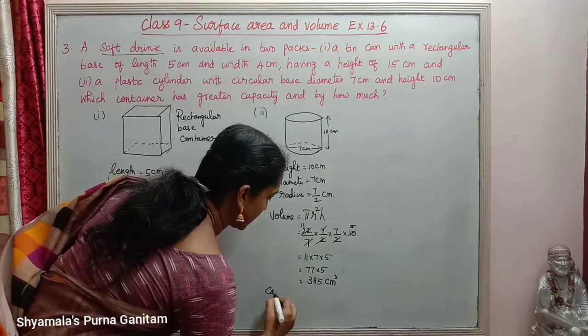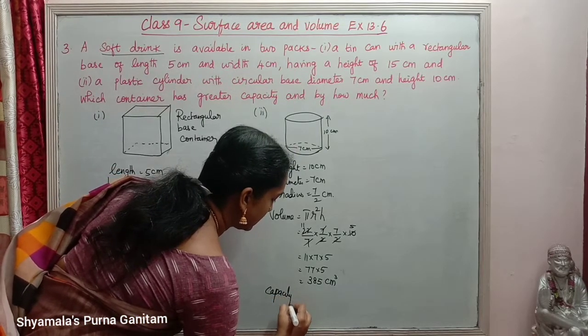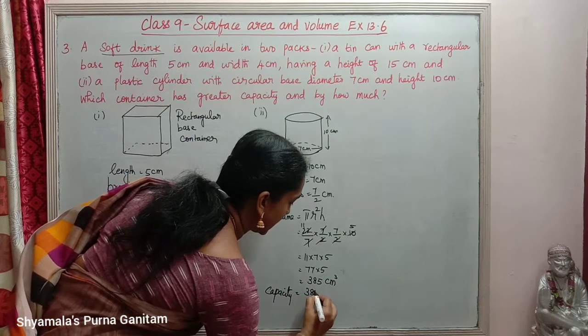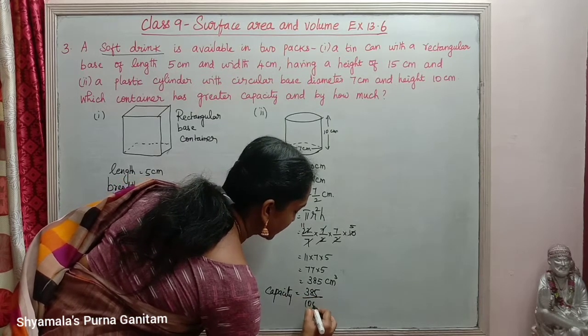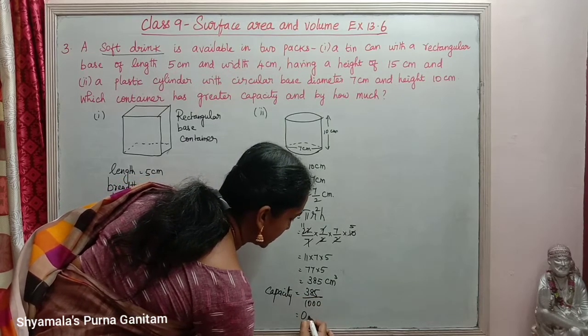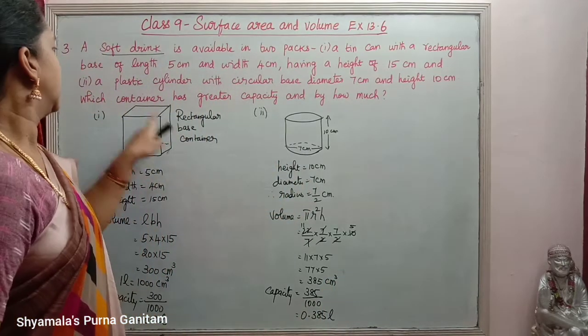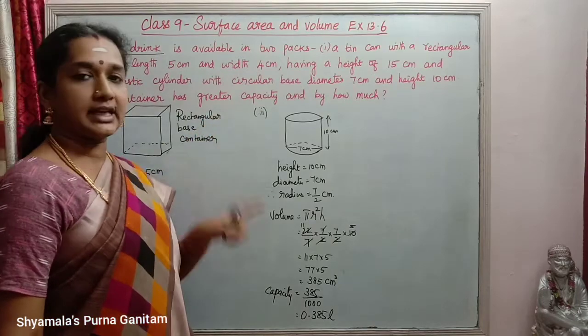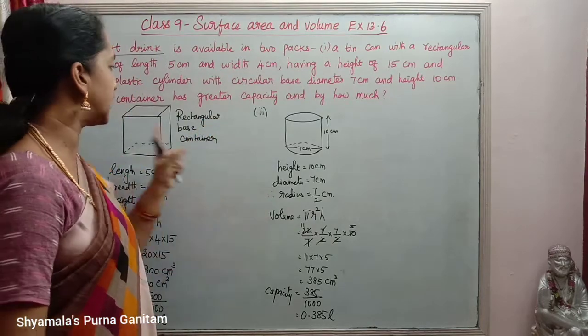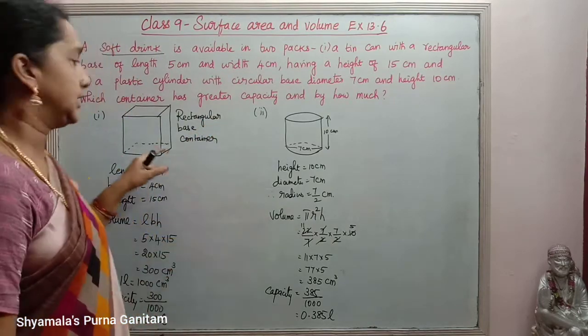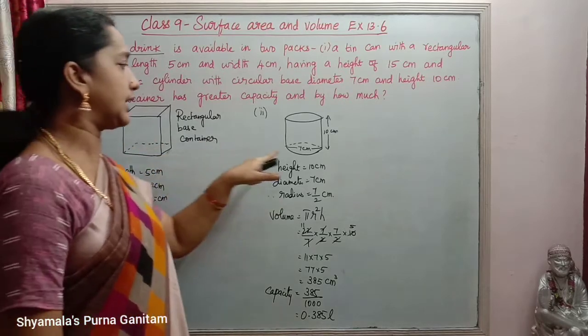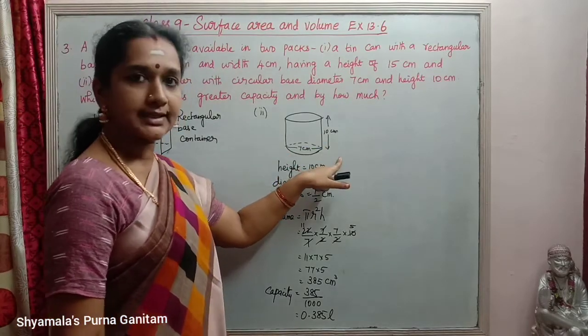So, capacity is equal to 385 by 1000, that is equal to 0.385 liters. Which container has greater capacity? We have found the capacity of the rectangular base container and the circular base container.